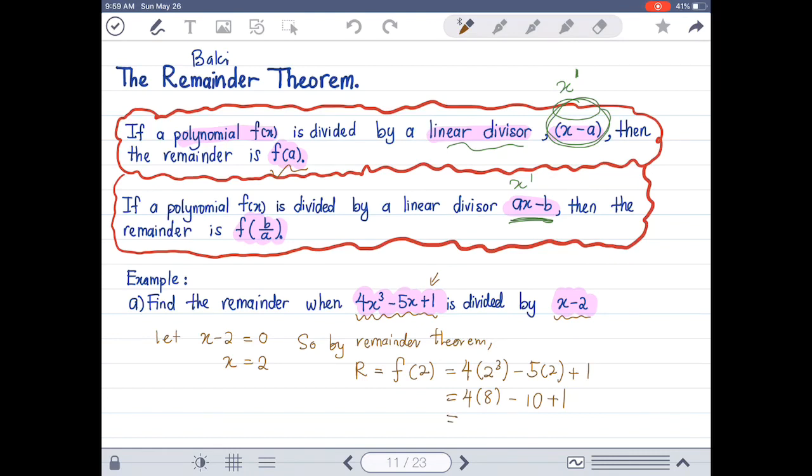So the final answer is 23. The remainder, when 4x to the power of 3 minus 5x plus 1 is divided by x minus 2, is 23.